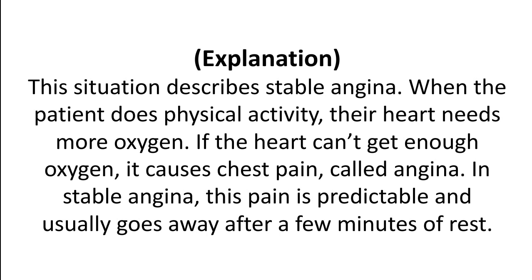Explanation: this situation describes stable angina. When the patient does physical activity, their heart needs more oxygen. If the heart can't get enough oxygen, it causes chest pain called angina. In stable angina, this pain is predictable and usually goes away after a few minutes of rest.